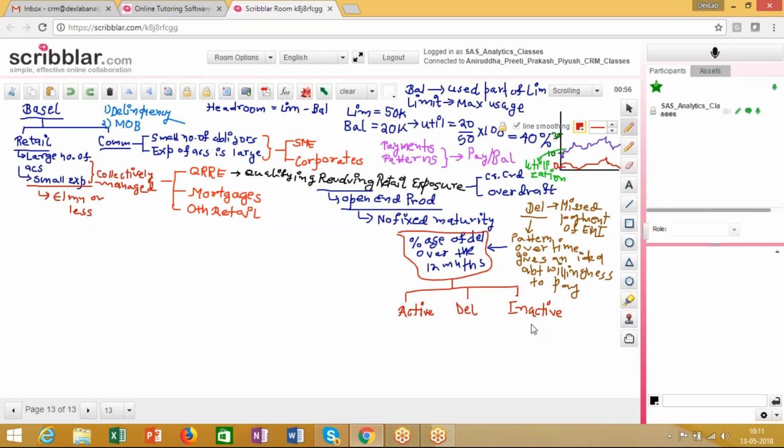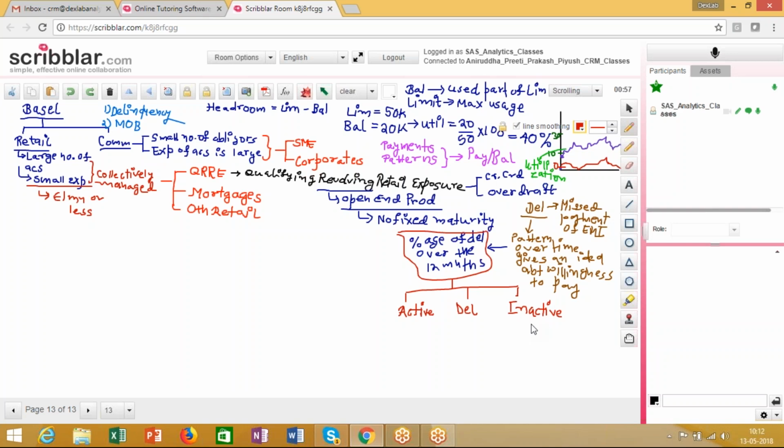When the probability of default is being estimated, the inactive segment needs careful handling, because these accounts have not been performing over the last 12 months, but that does not guarantee that they will not play a role in the future.